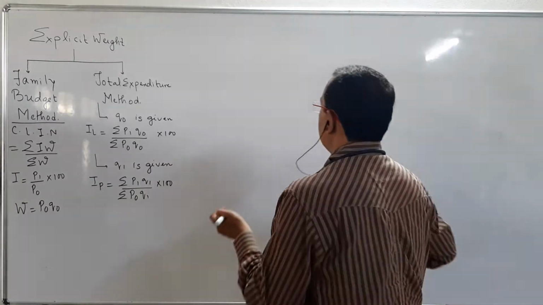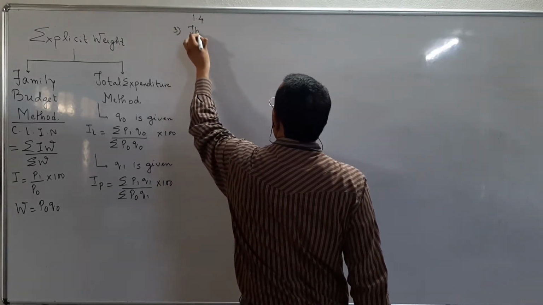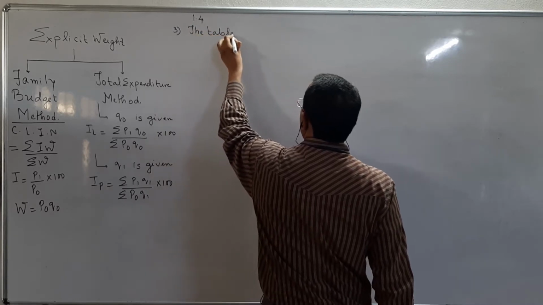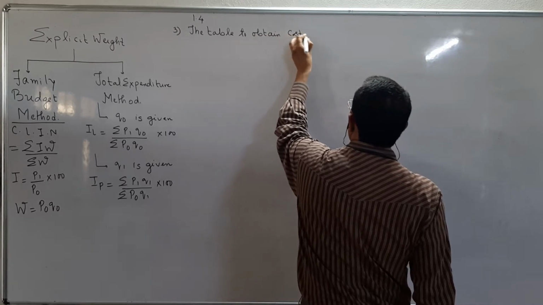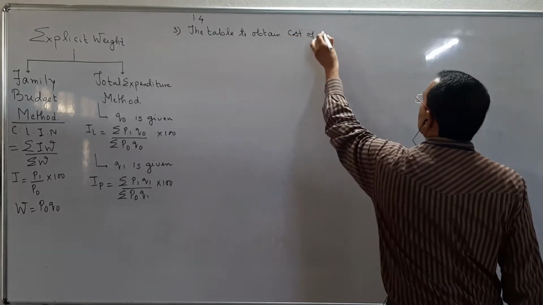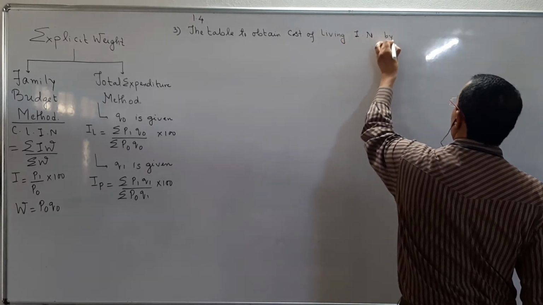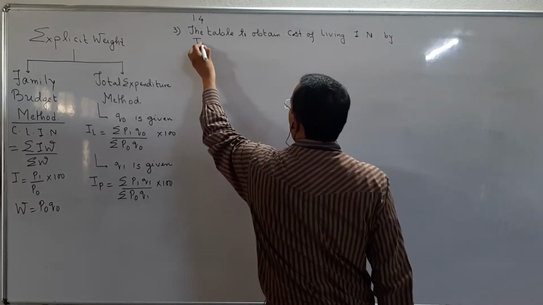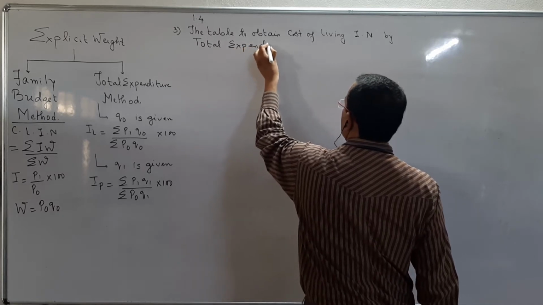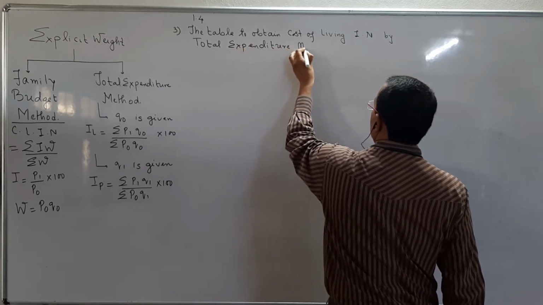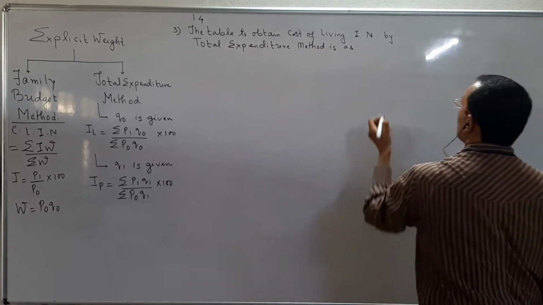So I give the title as this: question number 3, the table to obtain cost of living index number by total expenditure method is as below.